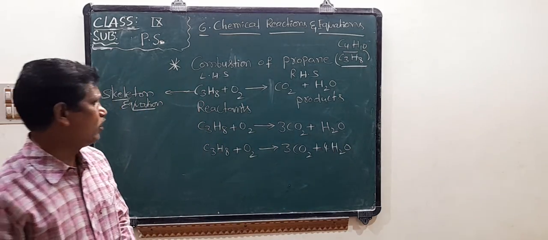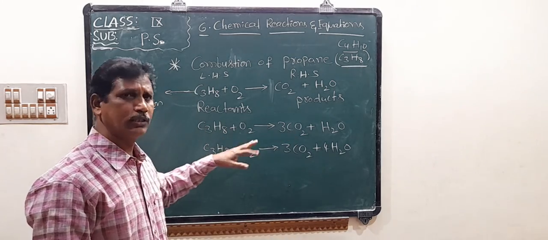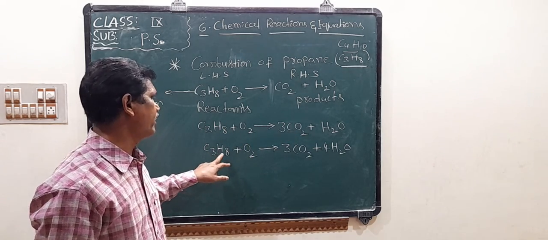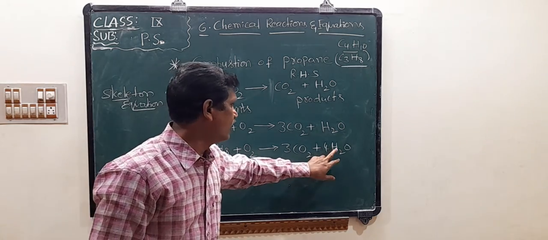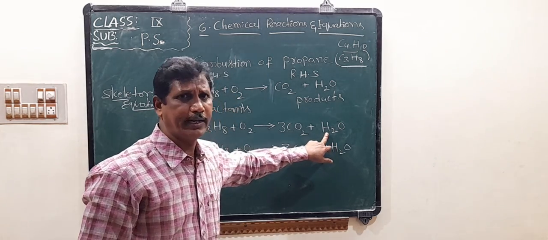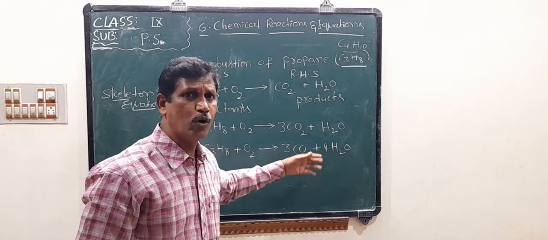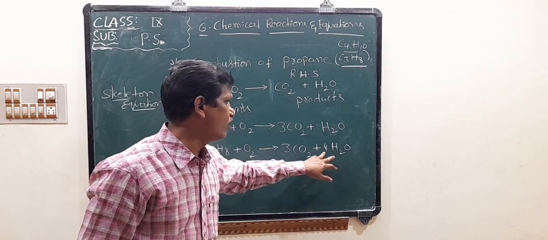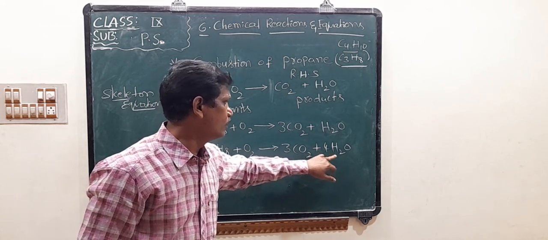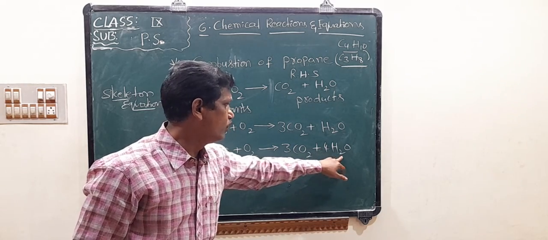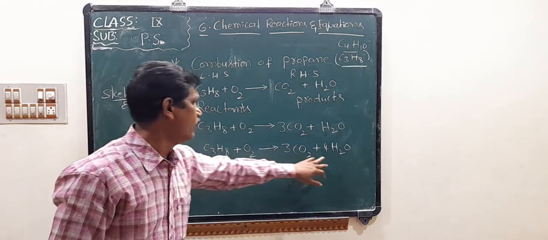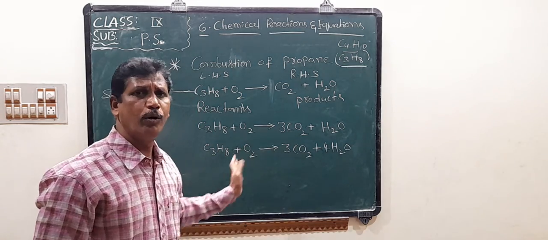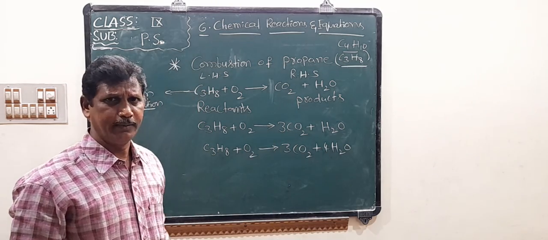So 2 into 4 is 8, and hydrogen atoms are also balanced on both sides, reactant side and product side.